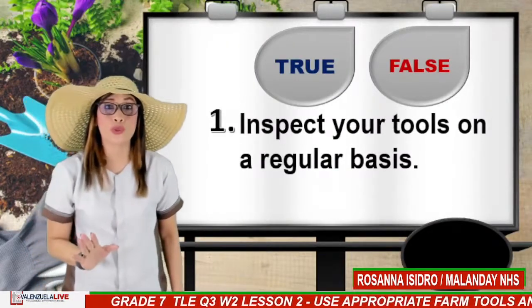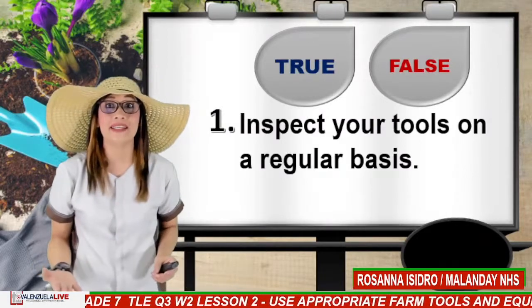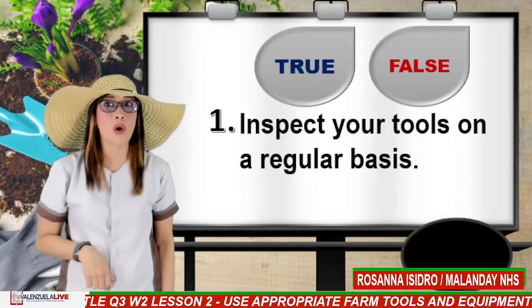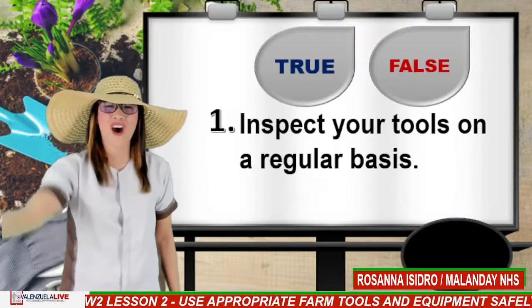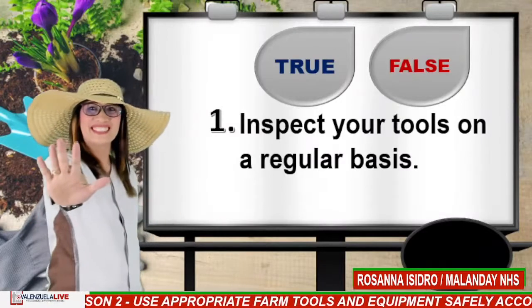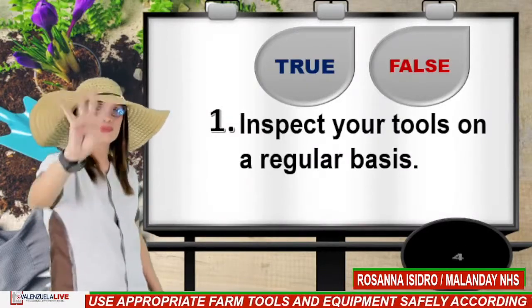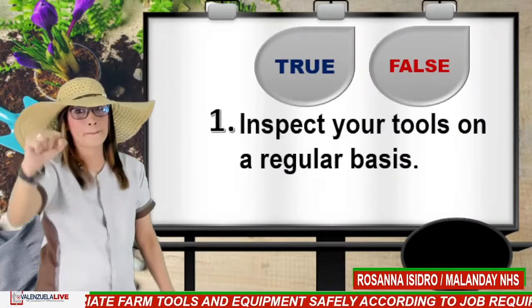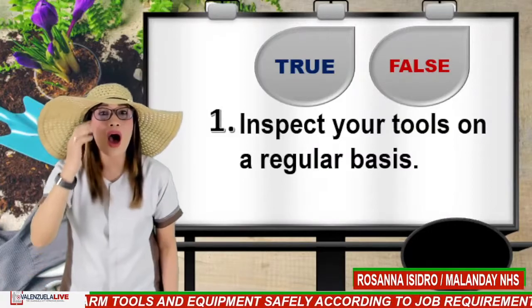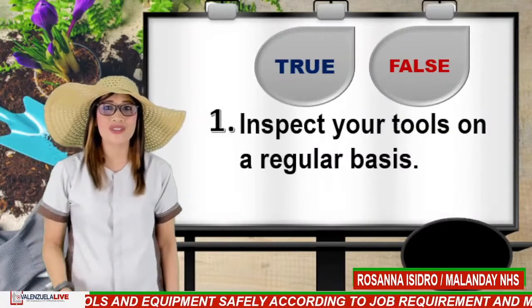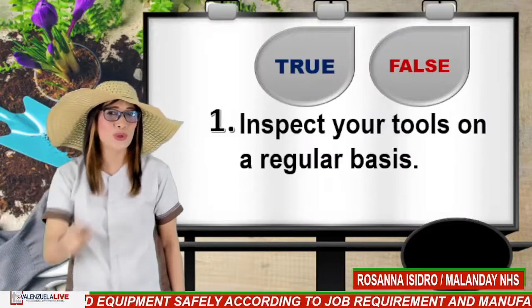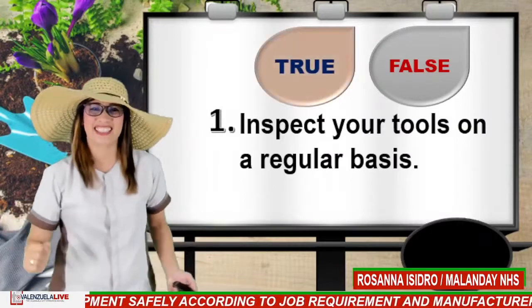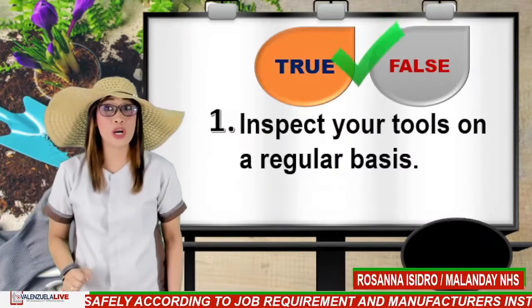Inspect your tools on a regular basis. Is it true or false? Your time starts now. 5, 4, 3, 2, 1. Oops, time is up. If your answer is true, you are correct. Number 2.